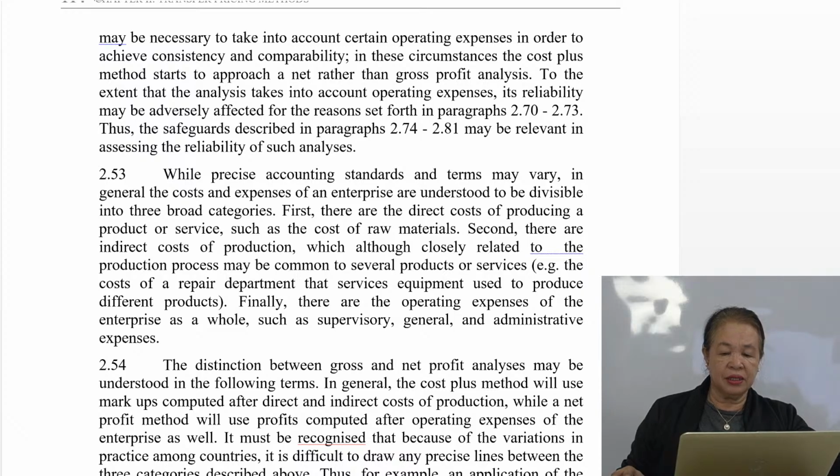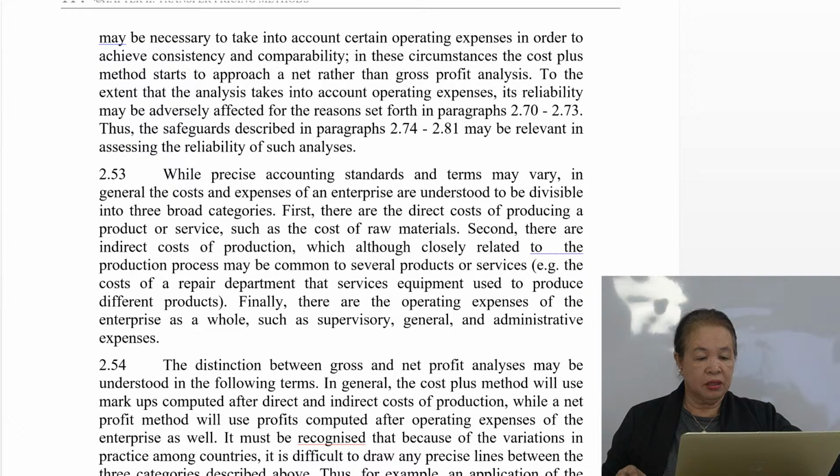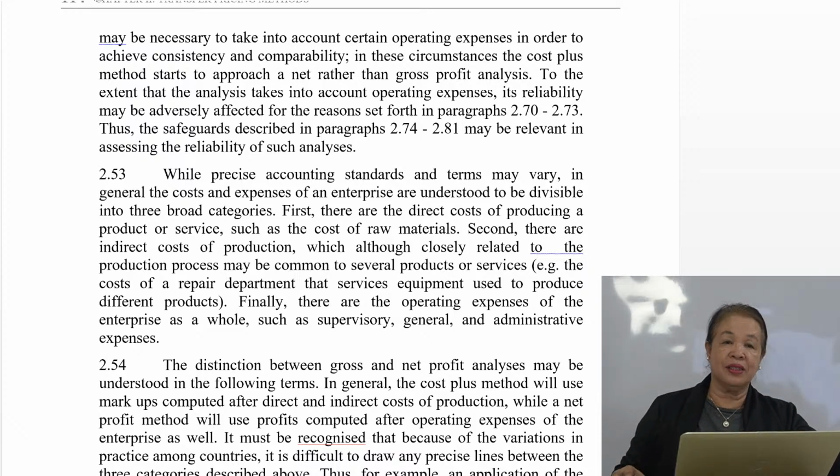In these circumstances, the cost-plus method starts to approach a net rather than gross profit analysis. So, to the extent that the analysis takes into account operating expenses, its reliability may be adversely affected for the reasons set forth in paragraphs 2.70 to 2.73.